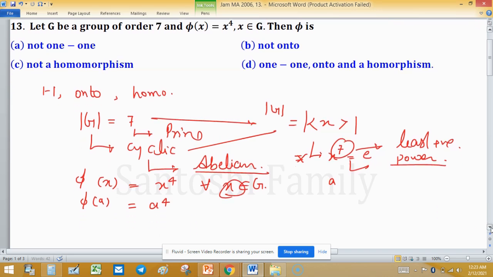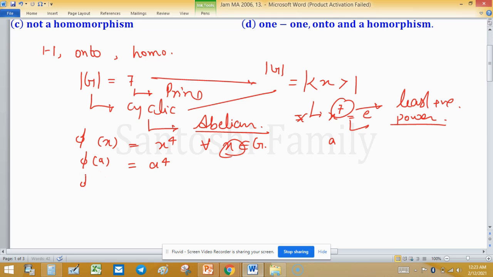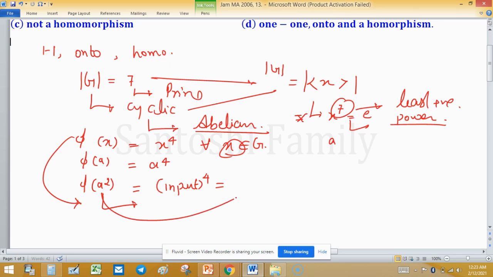Phi of A square: the input is A square, and phi gives the input raised to the power 4. So A square raised to the power 4 gives A raised to the power 8, which can be written as A raised to the power 7 into A, and this is nothing but E times A. So phi(A square) is A.